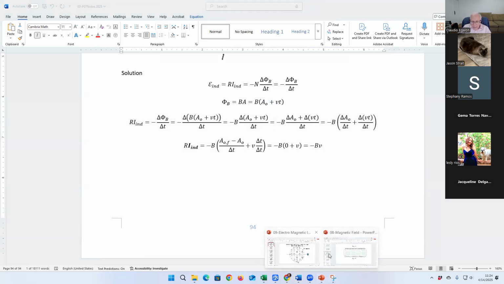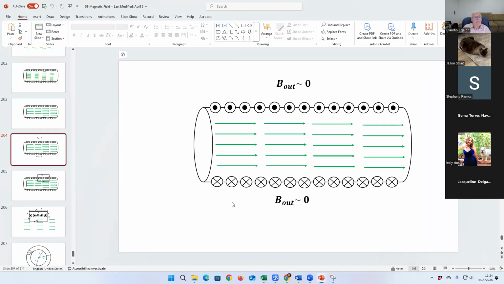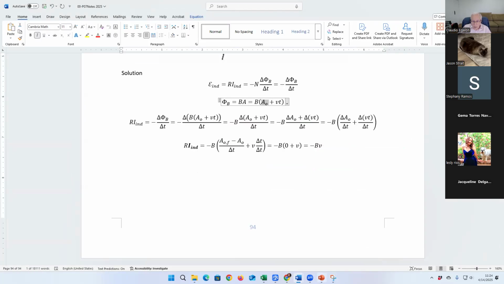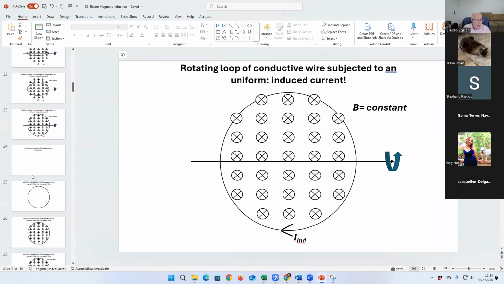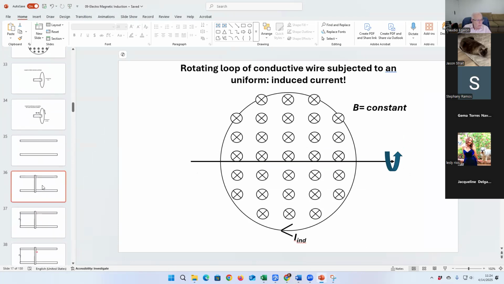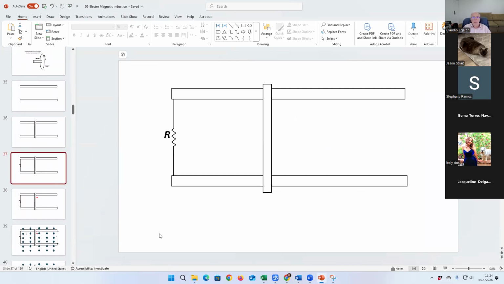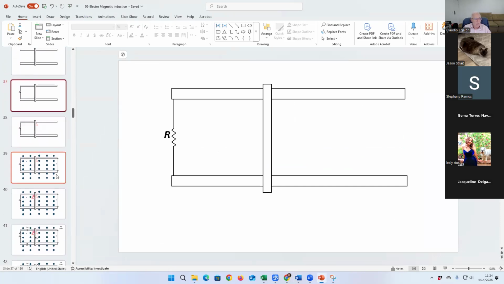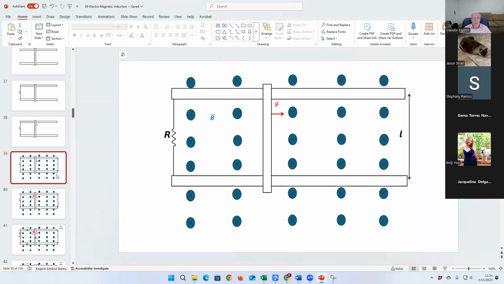Let's see if I can get the illustration here for you so you can see it better. Okay, right in here. That's the type of problem that we're doing right now. Moving with velocity v. The resistor is the light bulb.